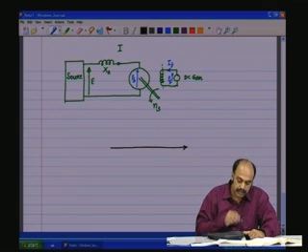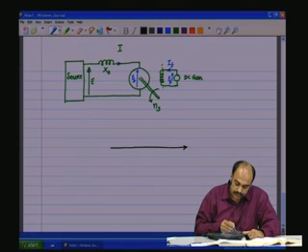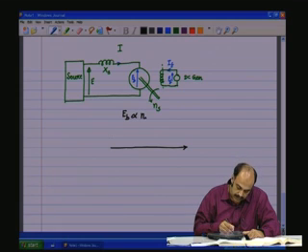But EB will be delayed, it will lag the supply voltage E. Now of course EB is going to be proportional to the speed ns of the shaft and the flux phi inside.